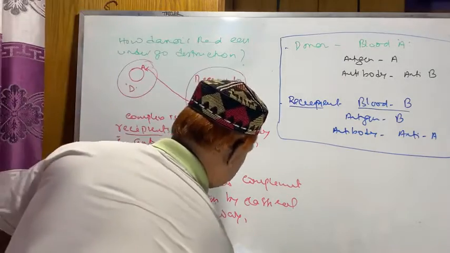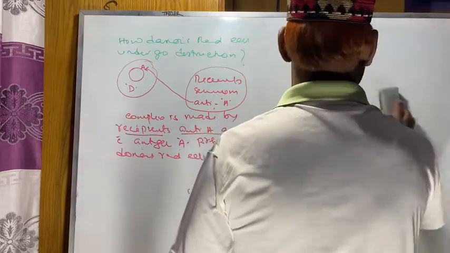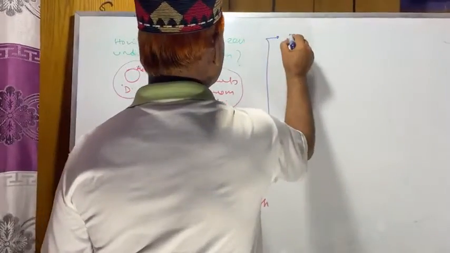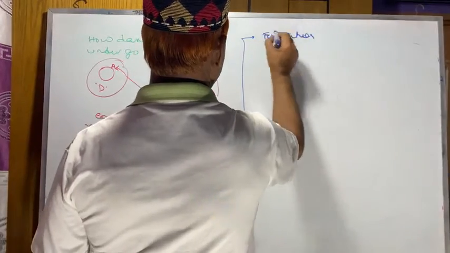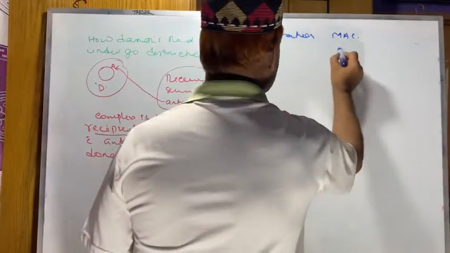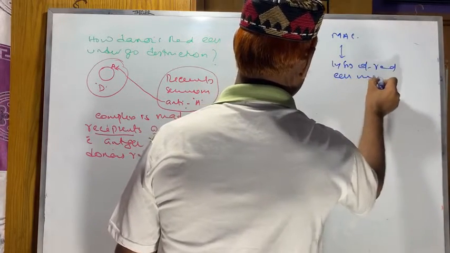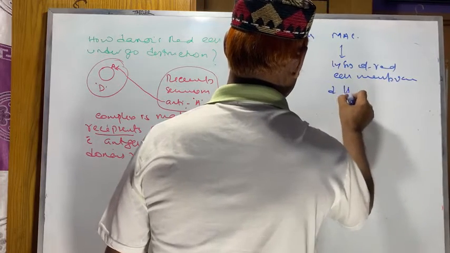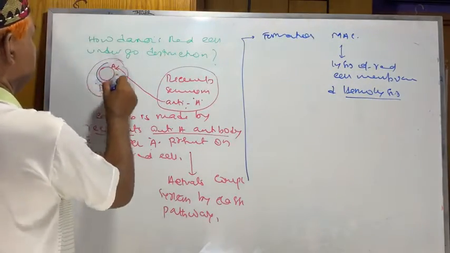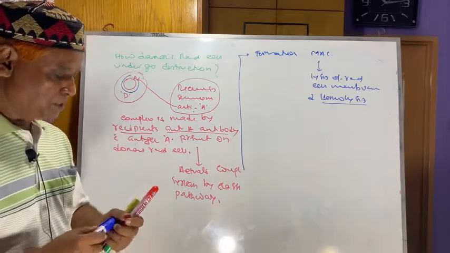This antigen-antibody complex, that is the immune complex, activates the complement system by the classical pathway, and there will be formation of membrane attack complex, and this membrane attack complex causes lysis of the red cell membrane and hemolysis of the donor's red cell. So, this is the mechanism of destruction of the donor's red cell when there is mismatched blood transfusion.